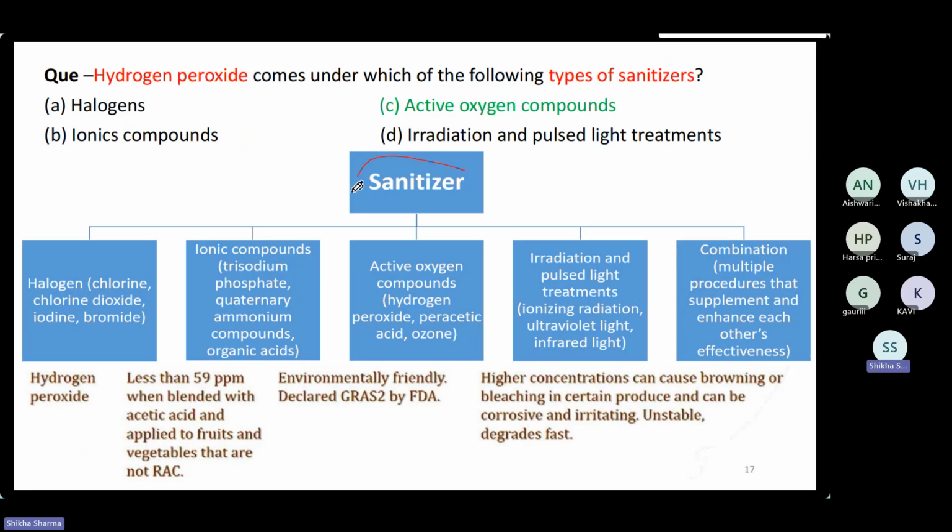because we know that in the sanitizers, we have many classes like halogens, which include chlorine, chlorine dioxide, iodine, and bromide. Then in ionic compounds, we have trisodium phosphate and quaternary ammonium compounds, and then organic acids.